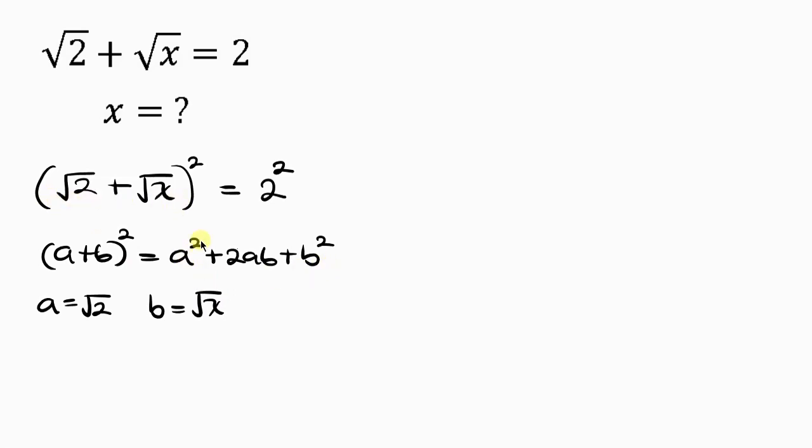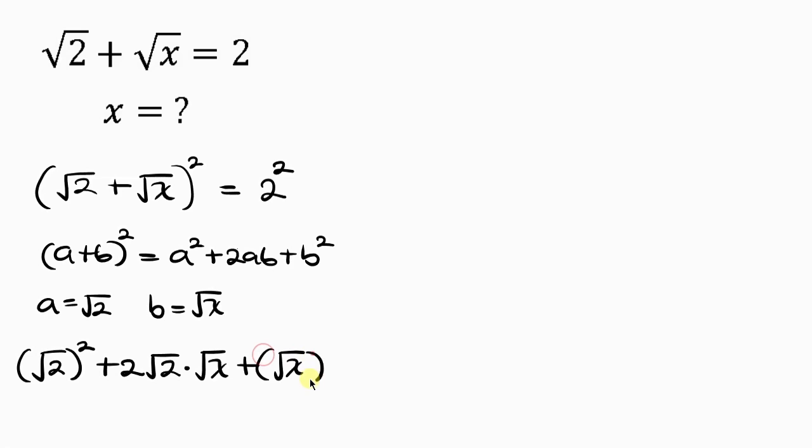We have a squared, which is the square root of 2 squared, plus 2ab, so plus 2 times a, a is the square root of 2, times b, b is the square root of x, and then plus b squared. So plus b, that's the square root of x squared. So we've been able to expand this like this.